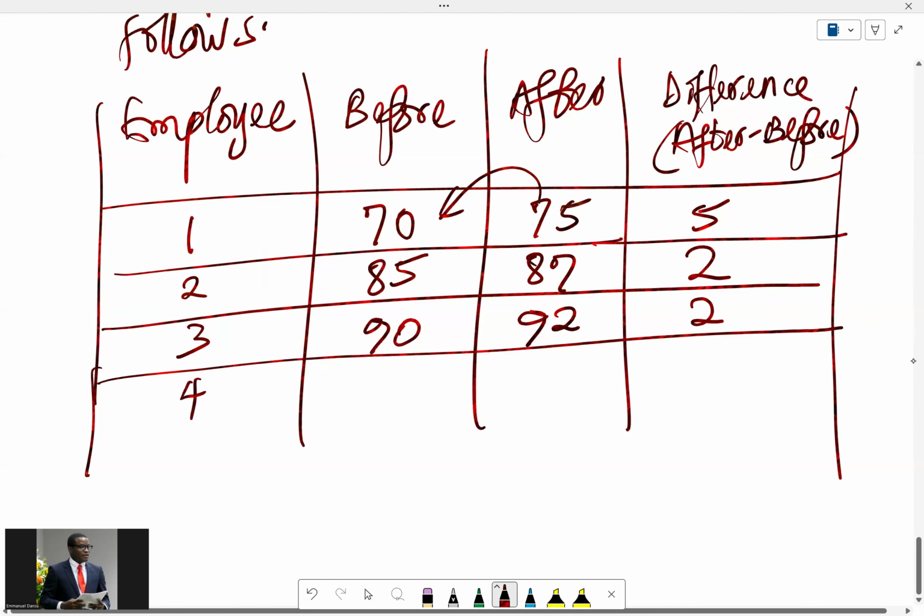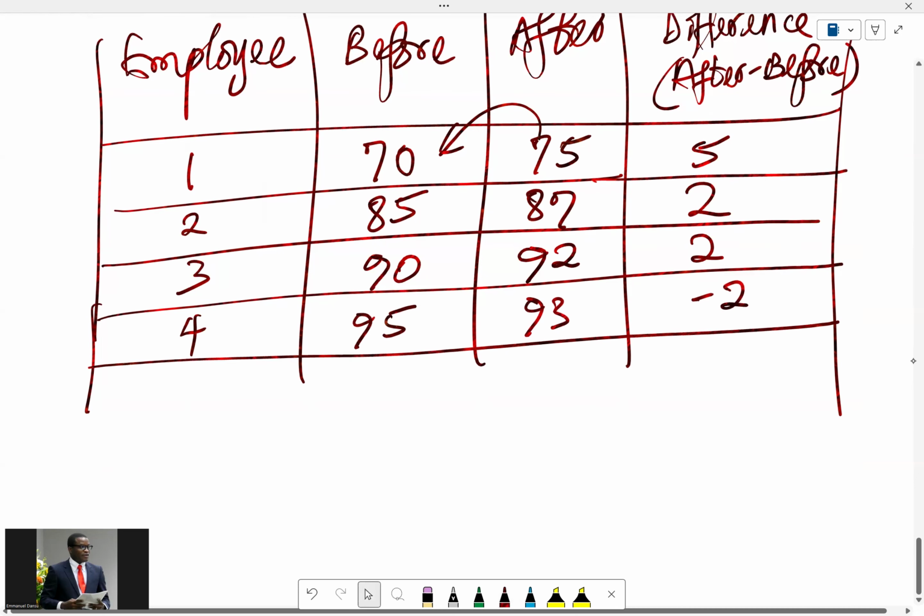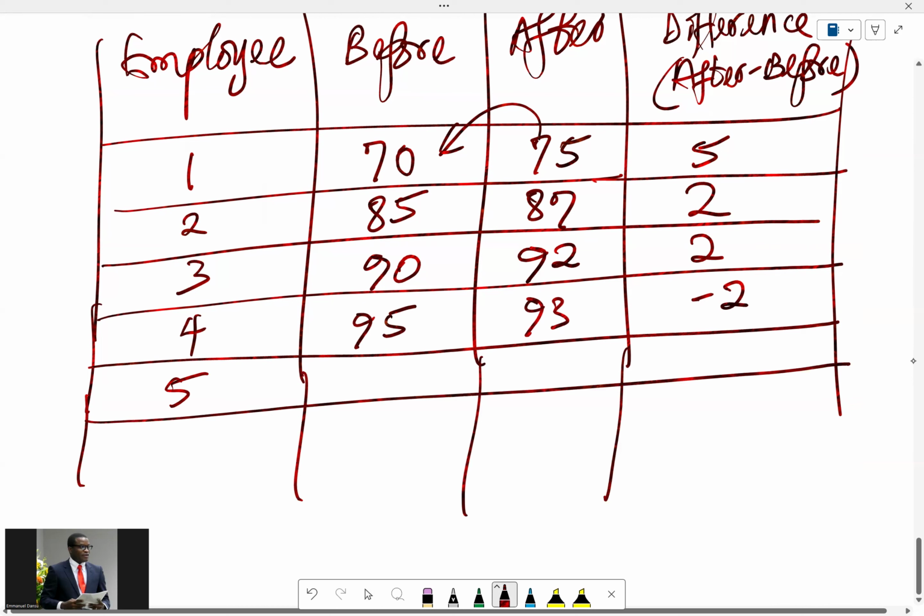Then the fourth employee, the productivity before is 95. The productivity after is 93. So that is minus 2. Okay, the fifth employee now, 80 before, 82 after, difference is 2.